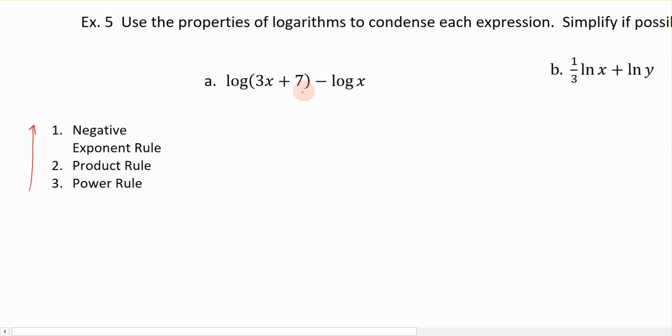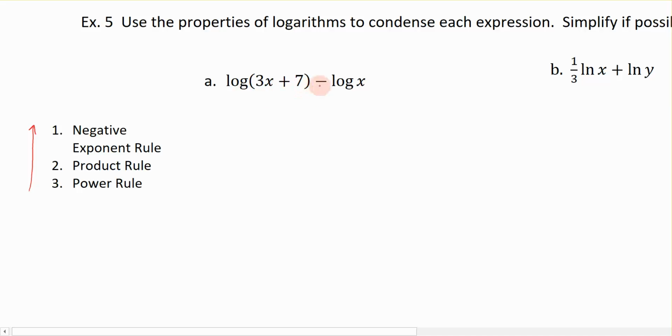So the first example here says the log of 3x plus 7 minus the log of x. In order for me to condense these into a single expression, we first have to be talking about the same logs, or the log has to be to the same base, and in this case it is. So now that I know that, notice what we have here. We want to apply the power rule.